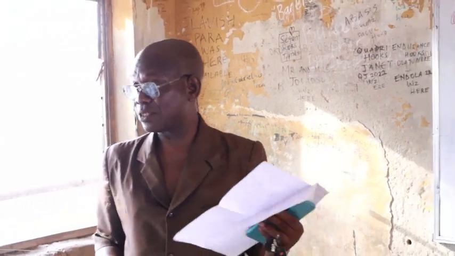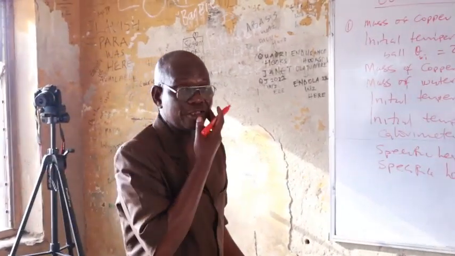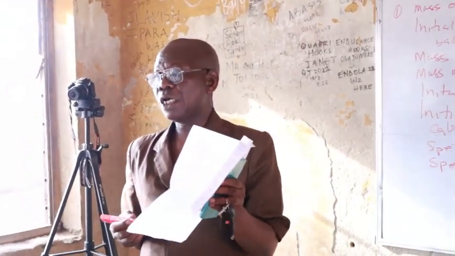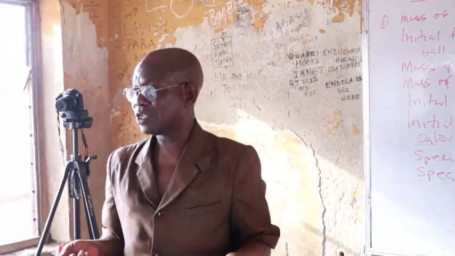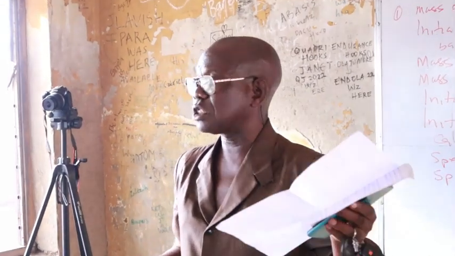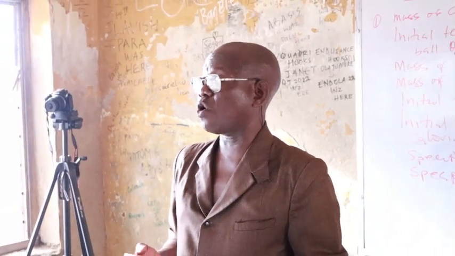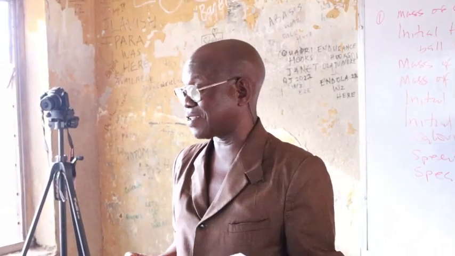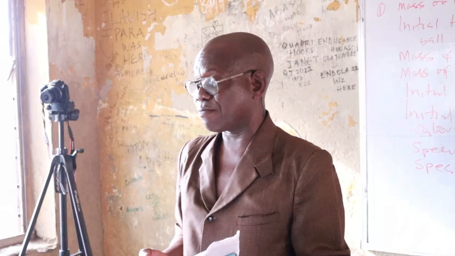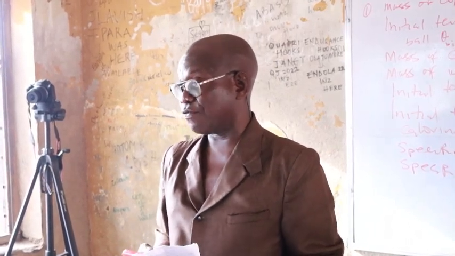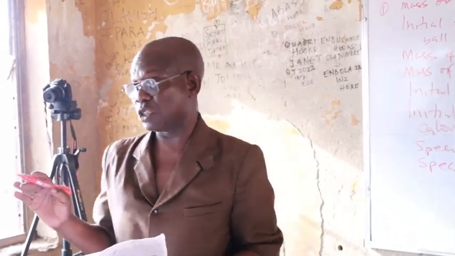I hope I'm communicating. Yes, sir. Now, this question was taken from a textbook. It's an exercise, so you can consult the textbook and bring out the specific capacity of copper. But if it were an exam, work in terms of the specific capacity of copper that is not given. I hope that is clear to everybody.